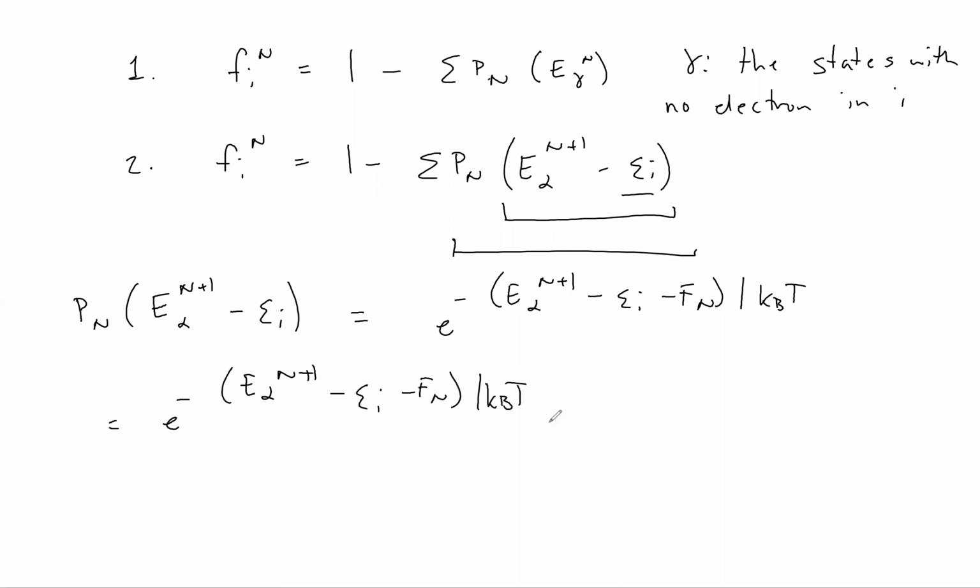Let me multiply it by e to the minus F_n+1 plus F_n+1 over k_B T. Let me now rearrange some terms here.